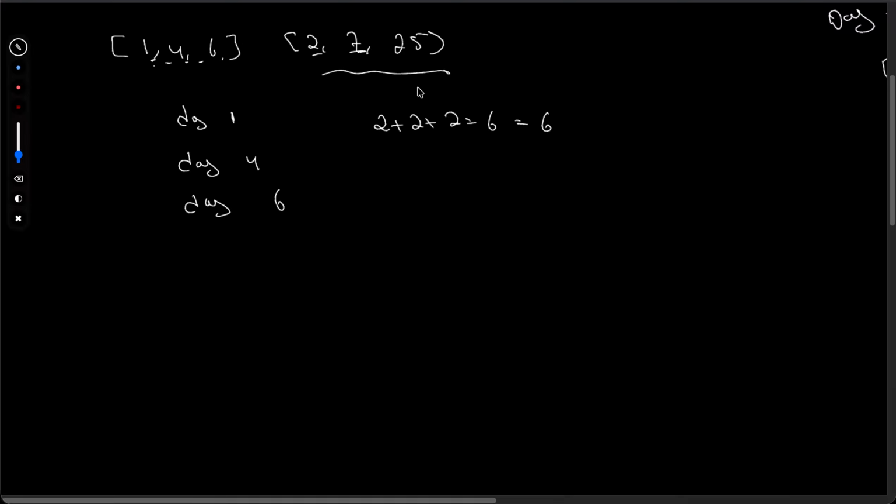At every travel day you must make a decision. You always have three choices: buy a 1-day pass, a 7-day pass, or a 30-day pass. After choosing one option, some future travel days get covered, and then you solve the remaining days. So this is why we use recursion.